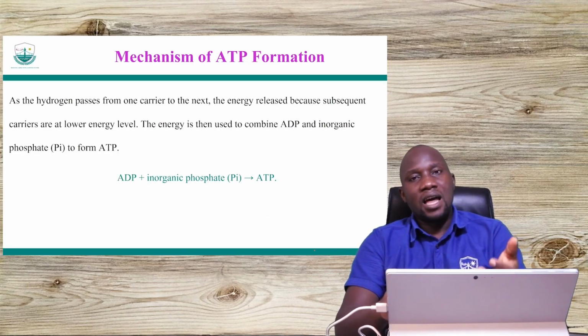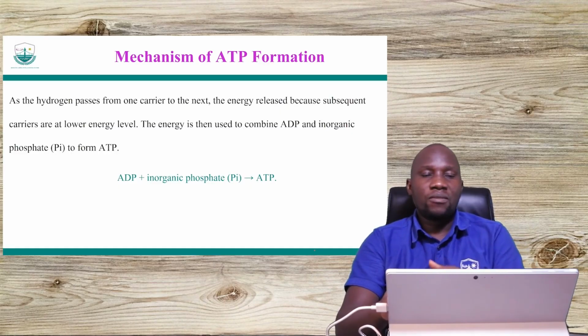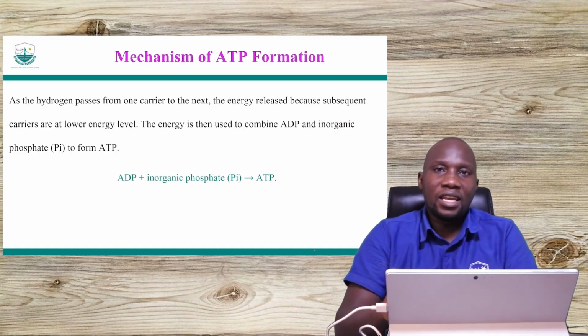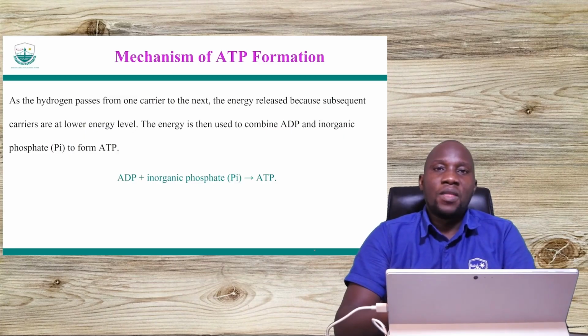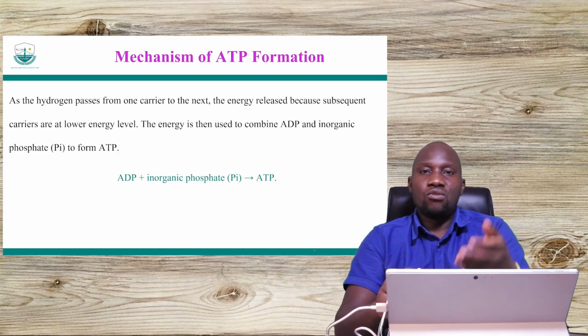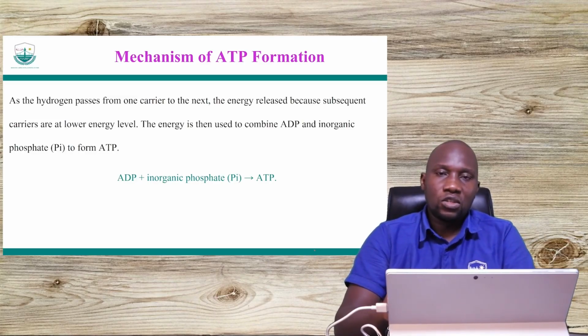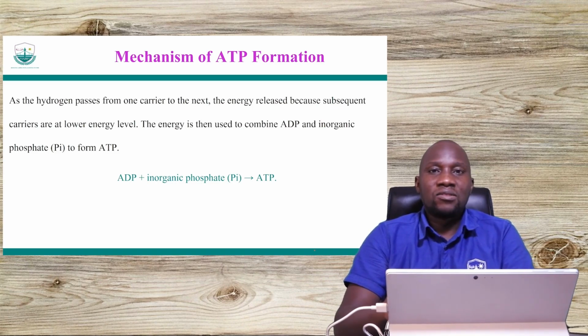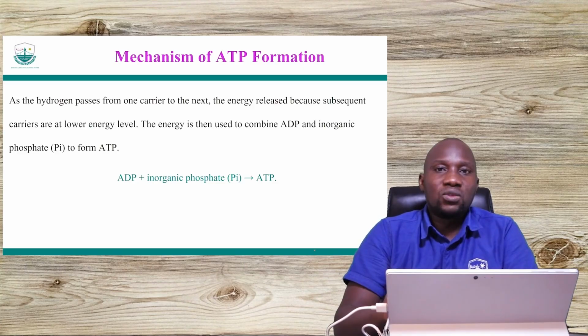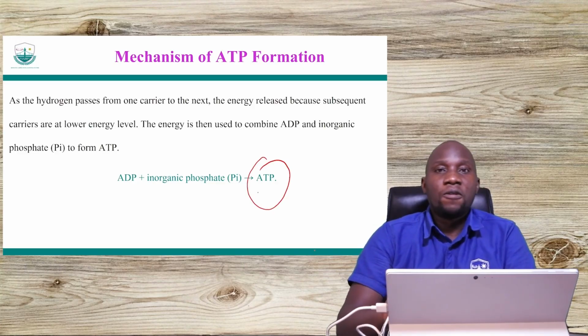But like I said, as these electrons are moving from one carrier to the other, energy is released. And we are saying that this energy can be used to pump protons across into the intermembrane space. But we are also saying here that some of that energy is actually used to synthesize ATP.